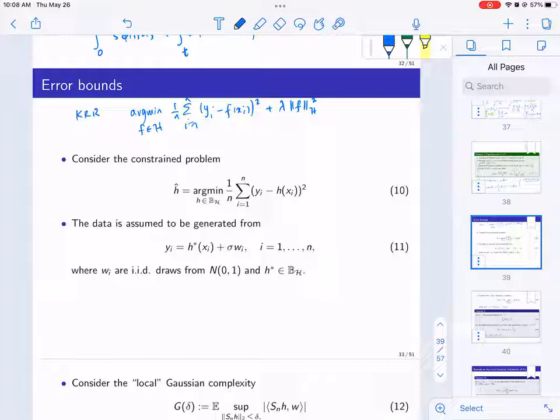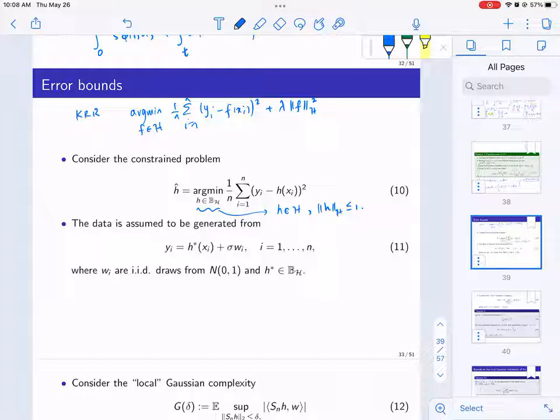So this is equivalent to saying f is in H, and the Hilbert norm is controlled by 1. But there are some steps to show that for sufficiently large lambda, this actually happens. So in order to avoid that, I'm just going to analyze this. This is equivalent. So for some lambda, you're solving this effectively.